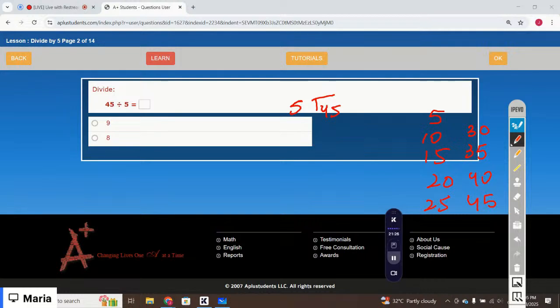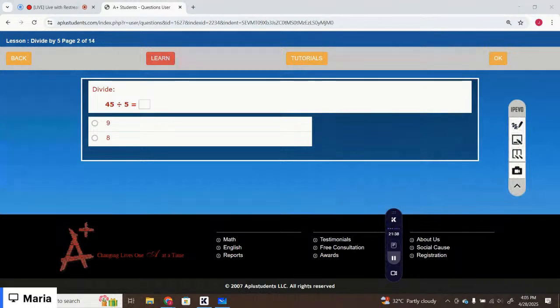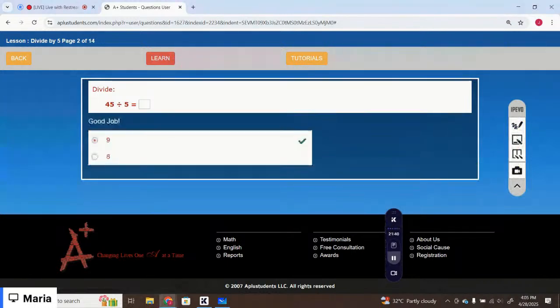So the correct option is 5 times 9. That means 45 divided by 5 is 9. Option number 1 is the correct option.